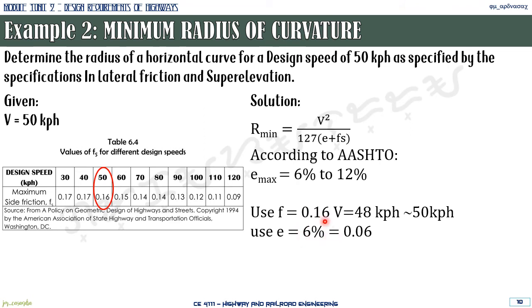So substituting 0.16 and 0.06 in the equation for our R min, we'll now have 50 squared all over 127 times (0.06 plus 0.16), and now arrive at a minimum radius of 89.48.